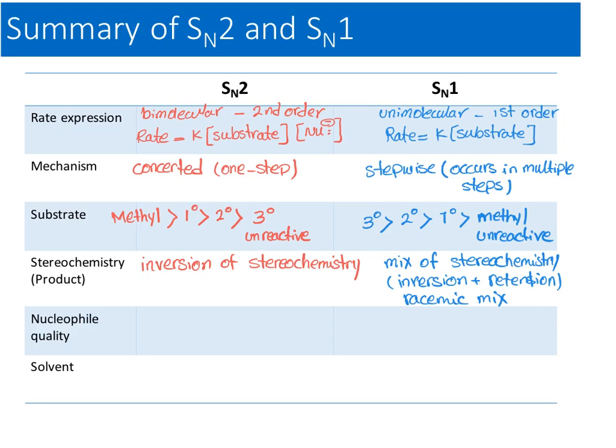Now about the nucleophile, SN2 requires a strong nucleophile such as hydroxide, methoxide, for example iodine, all the halogens.